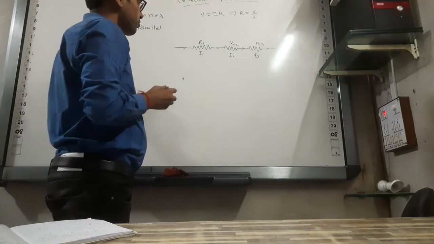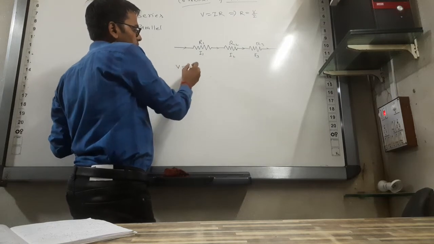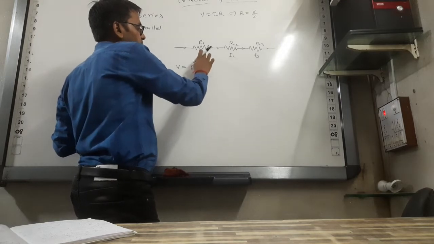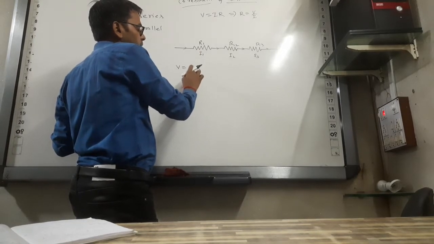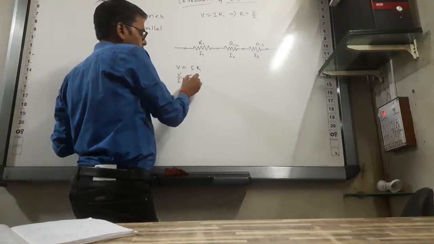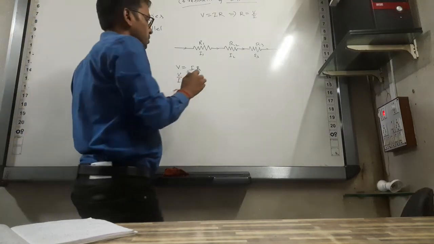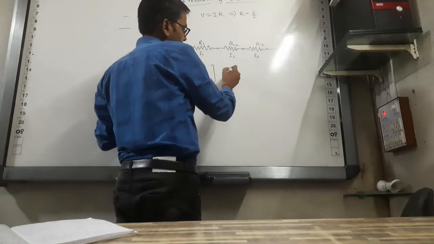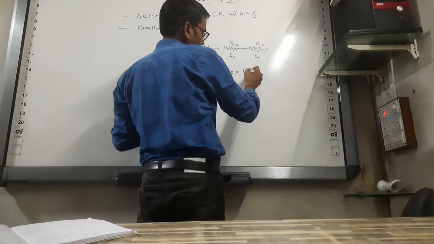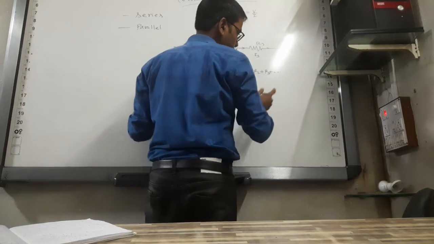If we want to calculate the equivalent resistance, V equals IR, so V by I equals R. Now the equivalent resistance for this case becomes R1 plus R2 plus R3 up to Rn.